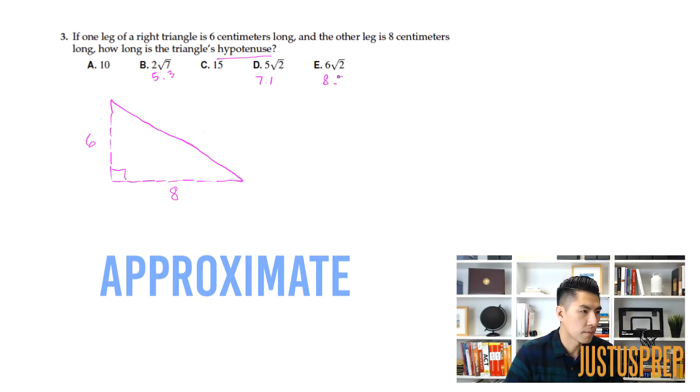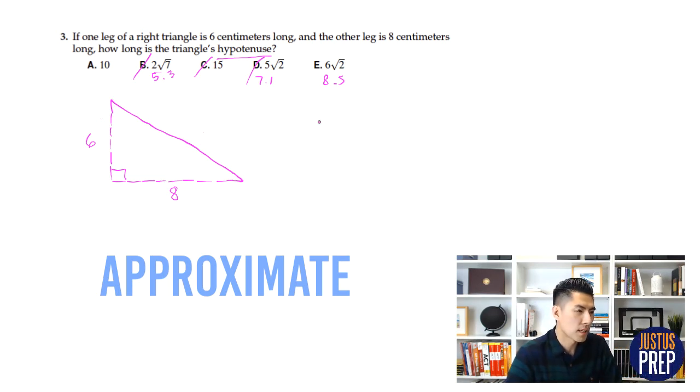So we see that B and D cannot be the answer because we need some number here that's bigger than 8. If we also look at C, 15, this is too big because this hypotenuse is bigger than 8, but it's not almost twice as big as 8. So that's not going to be the answer. It's either going to be 8.5, 6 root 2, or it's going to be 10.